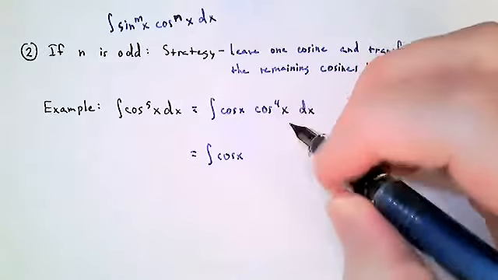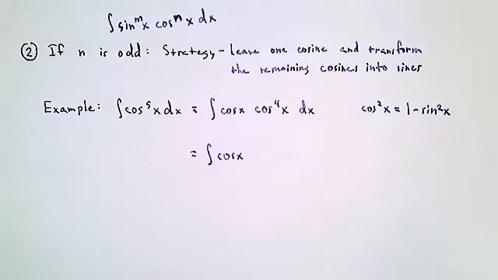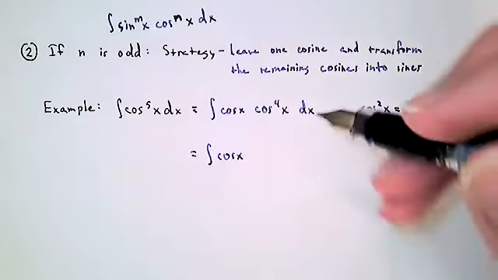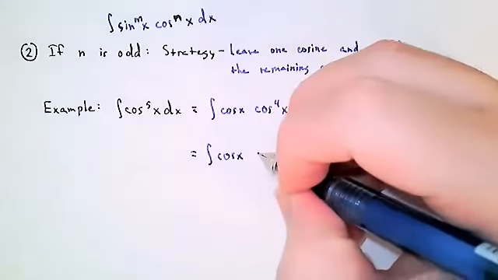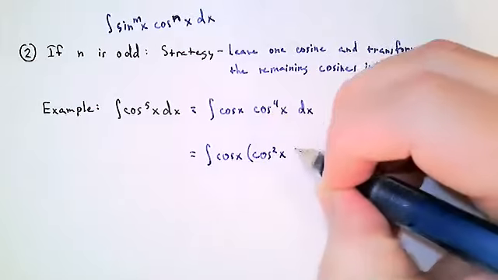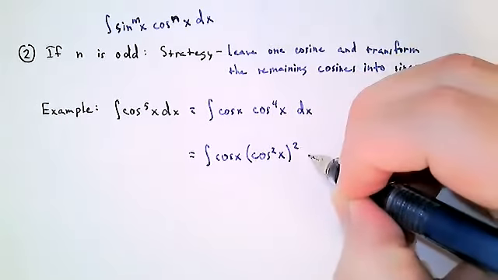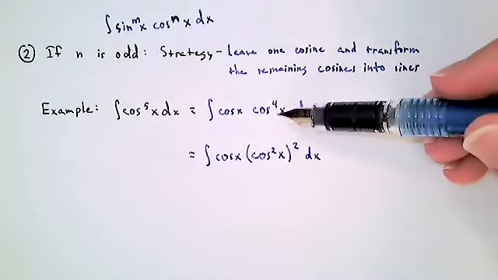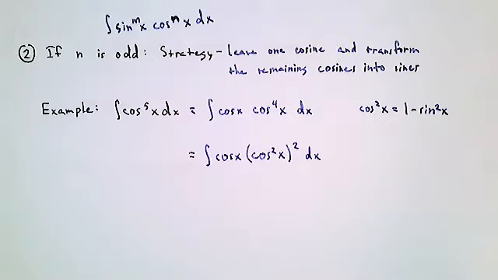Cosine to the fourth power is really cosine squared squared. So cosine squared times itself one time. Does that make sense to everyone? Or are there any questions over this step?